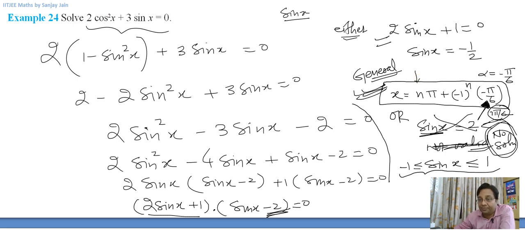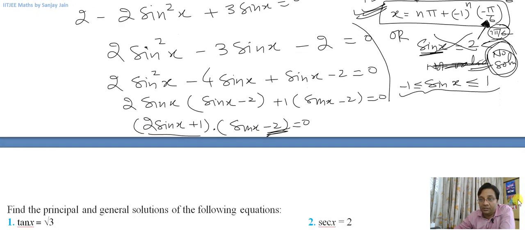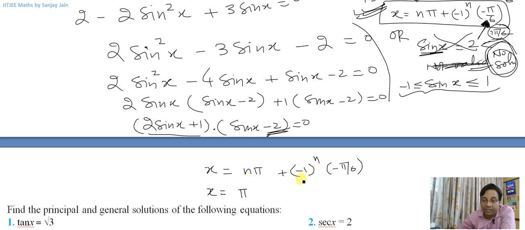So what you can do is, now I have got this solution, x equal to n pi plus minus 1 raised to power n minus pi by 6, right? So if I place n equal to 1, then x will be equal to pi. Now n equal to 1 means this will be negative and this will be negative, so negative negative positive, so pi plus pi by 6, this will give me 7 pi by 6 as one of the solutions.